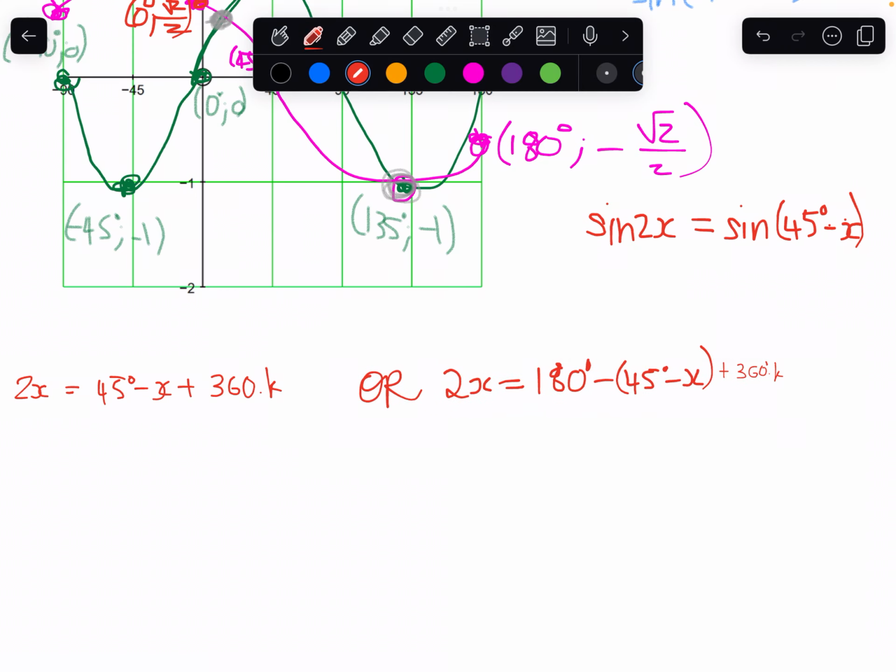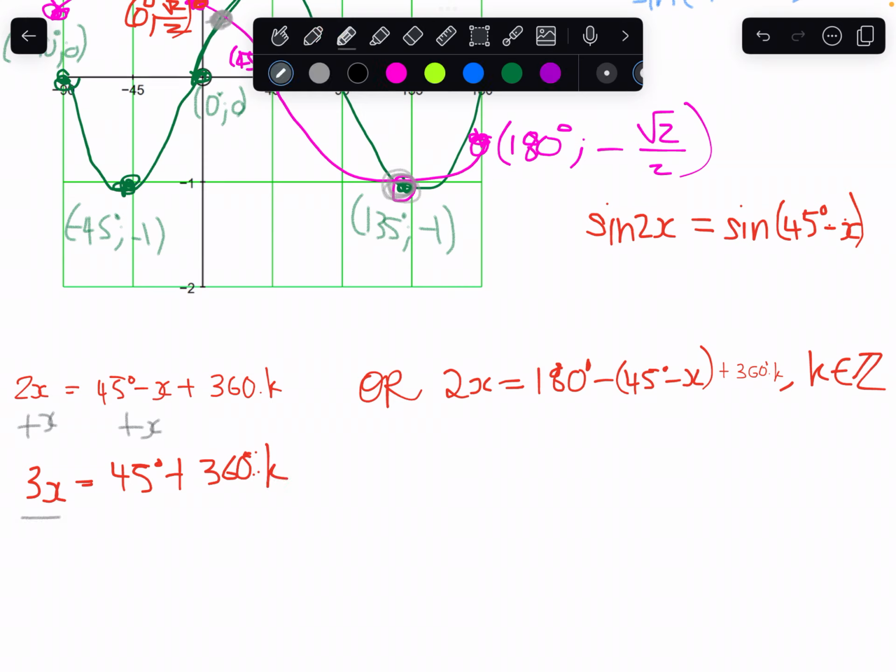So I'm just going to say here that k is any integer, so I can add or subtract as many revolutions as I like. Okay, and so then we proceed to add x on both sides. So we're just going to deal with each solution one at a time. Okay, and then we're going to divide by 3.